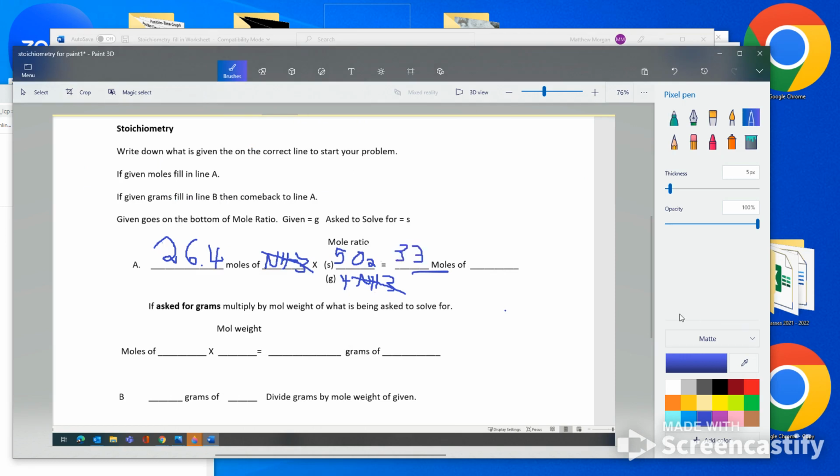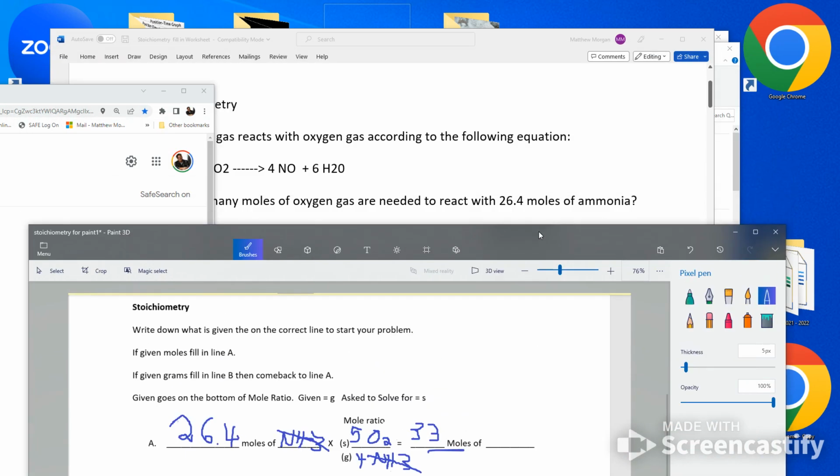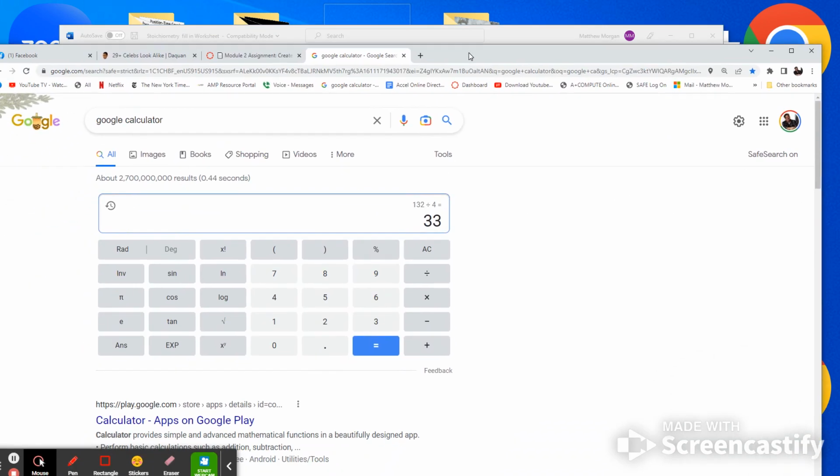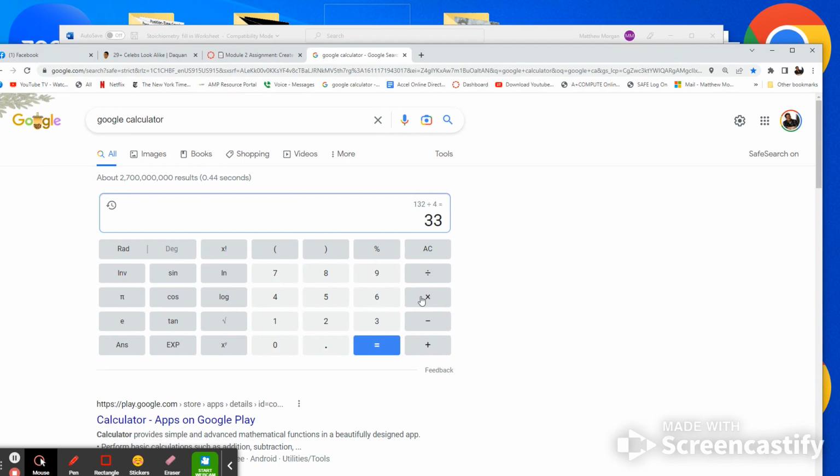Now, what if it was going to grams? If it was asking how many grams of oxygen would be needed, then all you do is take 33 moles and multiply it by 32, because O2, oxygen is 16.